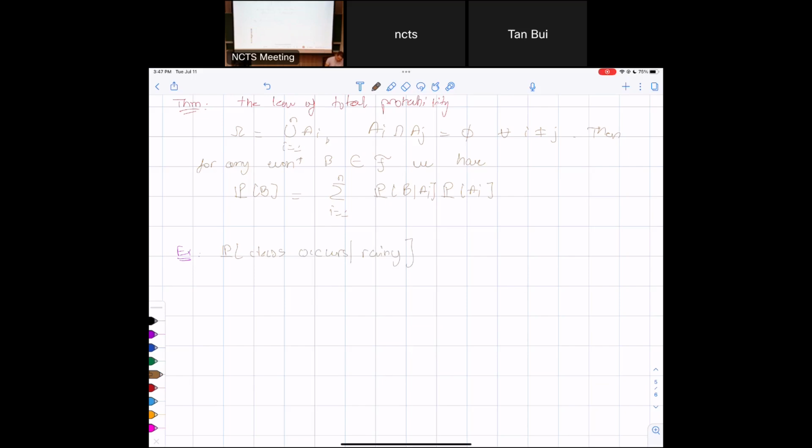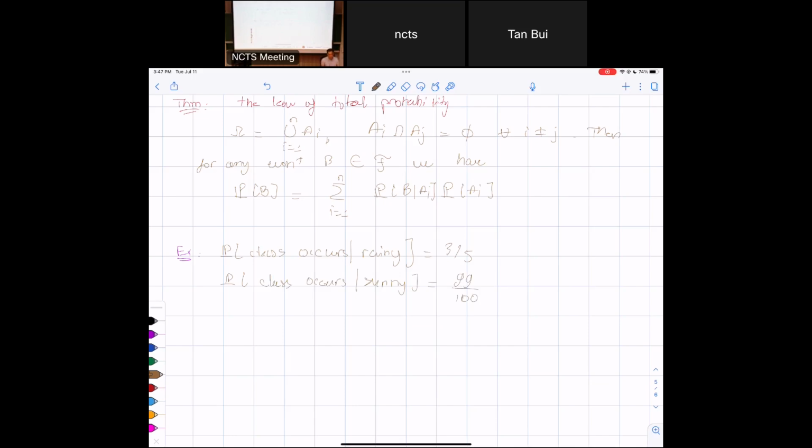So the probability that class occurs, given the fact that it's rainy, right? Given the fact that it's already rainy, is 3/5. The probability that the class occurs, given that the weather is sunny, is 99/100.